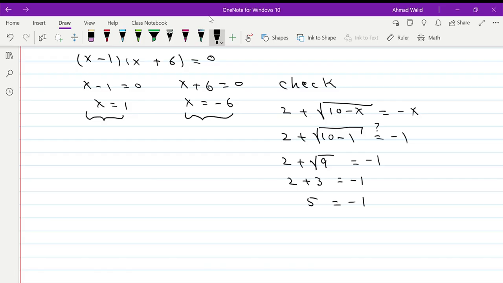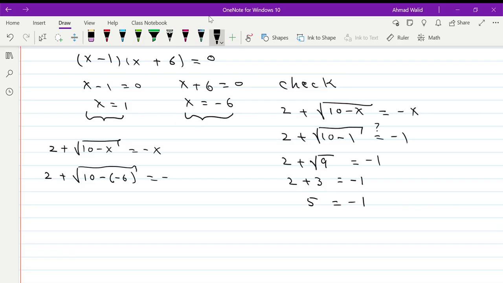Correct? Now, same way, plug in negative 6. You have 2 plus the square root of 10 minus x equals negative x. Plug in negative 6 to your equation.